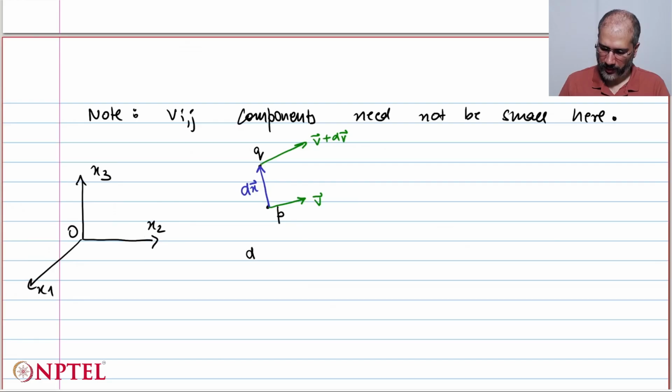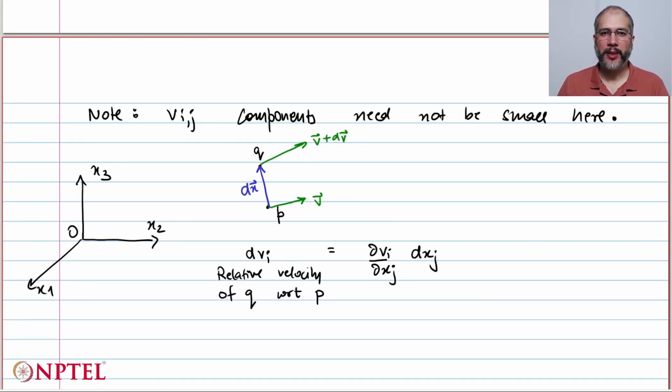So it is this dv that we'll want to quantify, just like we wanted to quantify du in solids. So this dv, which is actually the relative velocity of the point Q with respect to the point P, can be given as, let's use the index notation, dvi becomes partial vi by partial small xj times dxj. Remember, the velocity v is expressed in terms of its spatial coordinates.